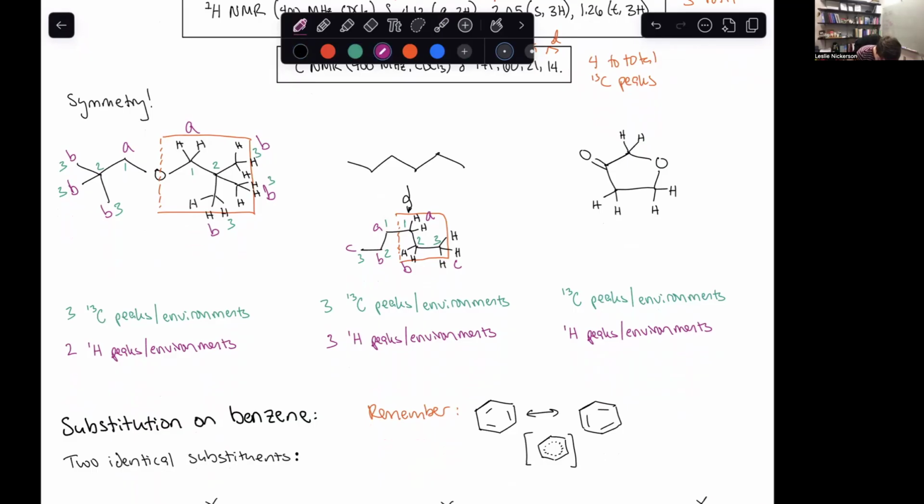So when we're looking at protons, we're going to be looking at A, B, and C for all those 3 environments. And then for carbons, again, we don't want to be forgetting carbons just because they don't have any hydrogens on them. We've got a carbon of our ketone, and then the CH2 there, the CH2 there, and the CH2 there. And again, none of them are equivalent because they are not mirroring anything else. So 4 carbon environments there.